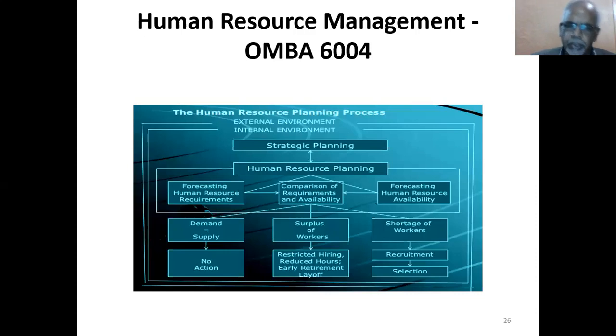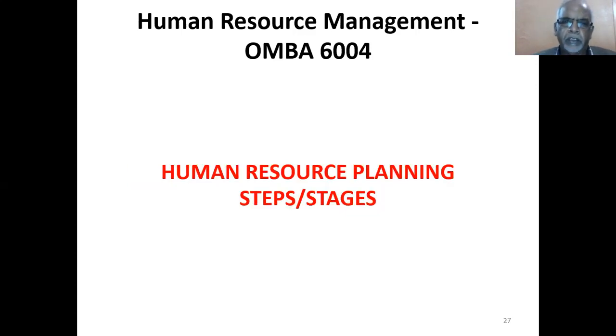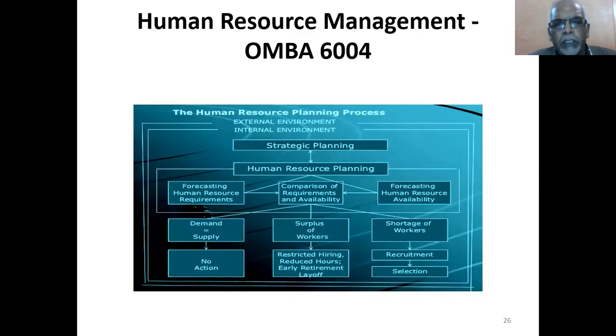You may have a first stage, which we can call a preliminary stage, where information can be exchanged, moving on to a more elaborate stage, that is the intermediate stage, where the strategic plans and the human resource planning process are taken into account, and the different possibilities are examined.